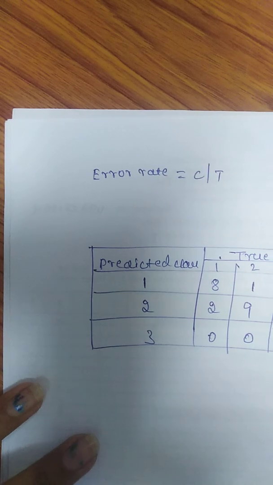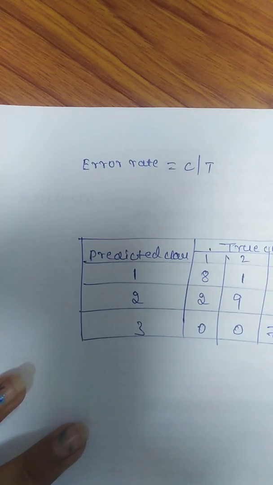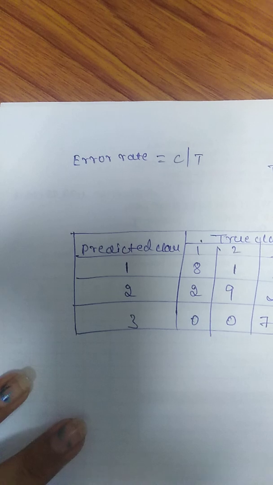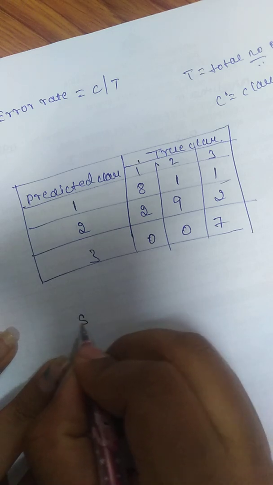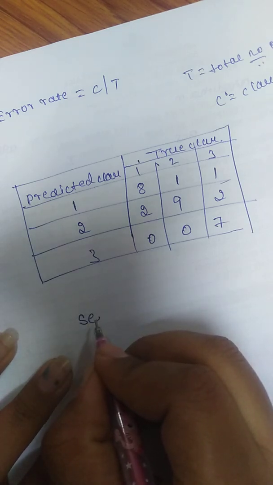Before, I told you that the accuracy method includes sensitivity and specificity. Now I will write one formula. What is sensitivity, or what is specificity?